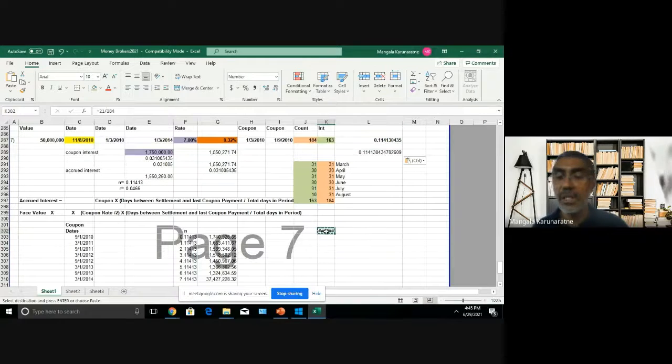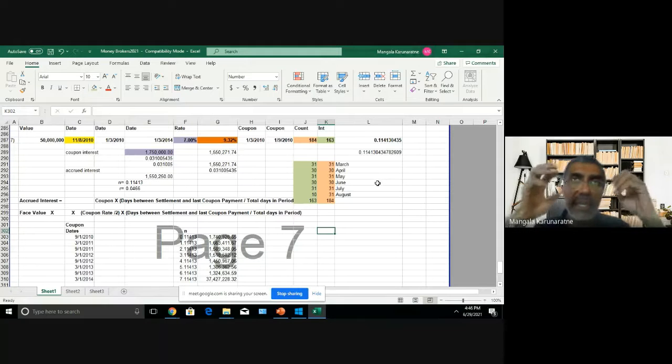Now what I have done here was I wanted to get the broken period. If we say one full coupon period, the n value is 1, right?